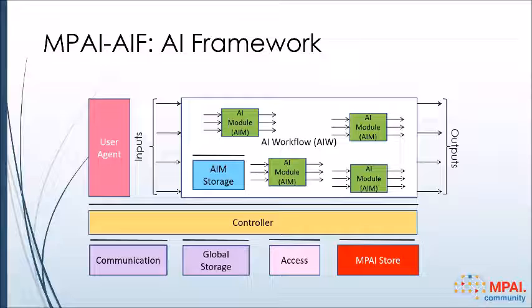So the first question that we had to answer is: if we create a framework, what are the basic functionalities that we want to offer in this framework? And you see the different blocks represent what we identified. First of all, the modules, which represent complex functions that are encapsulated in a single container that exposes an interface, so that they can be combined like Lego blocks together to create complex functions.